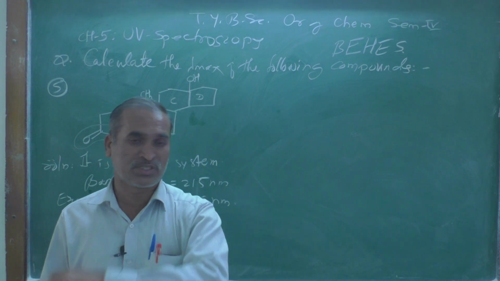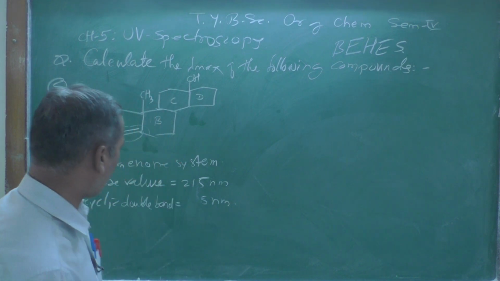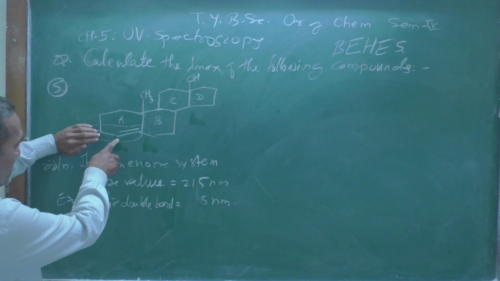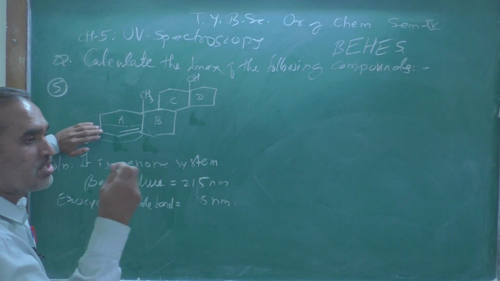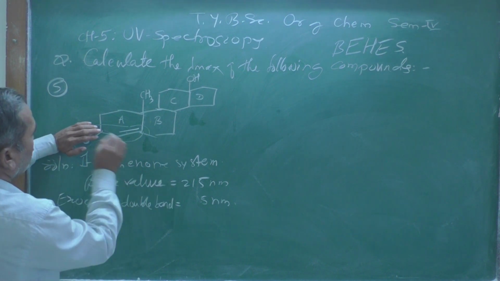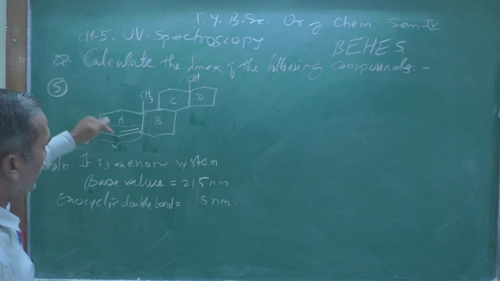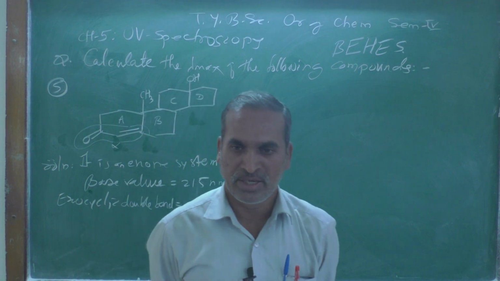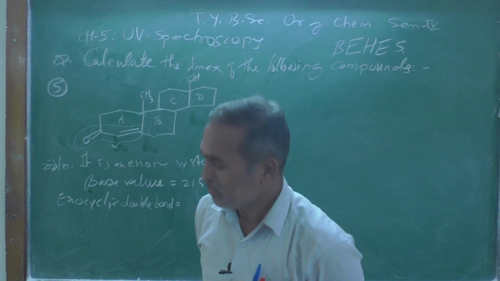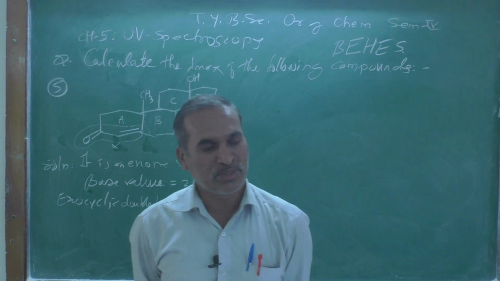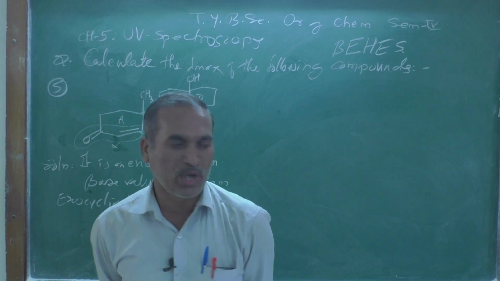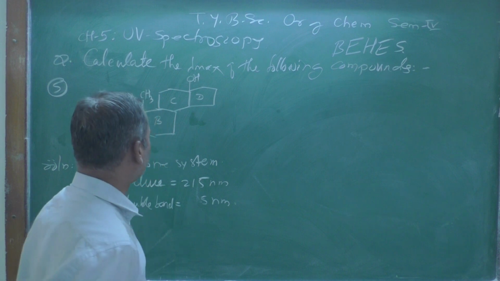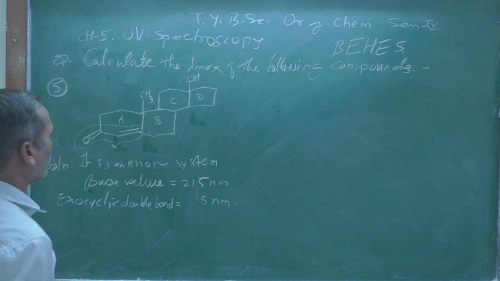In an enone system, always designate the carbonyl group, and the adjacent carbon atom is always termed alpha. Look at alpha, there is no substituent, only a hydrogen atom is present, and as we know, if a hydrogen atom is present, there is no need to add any nanometer, 0 nanometer, so don't write it here.